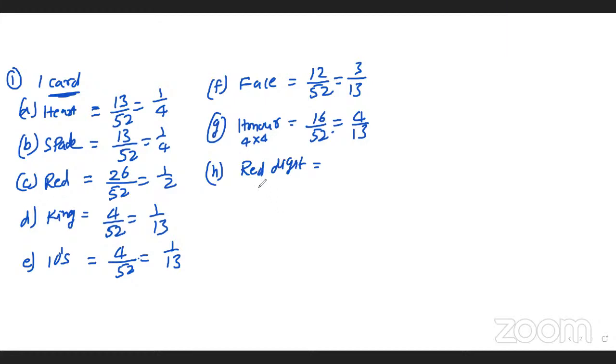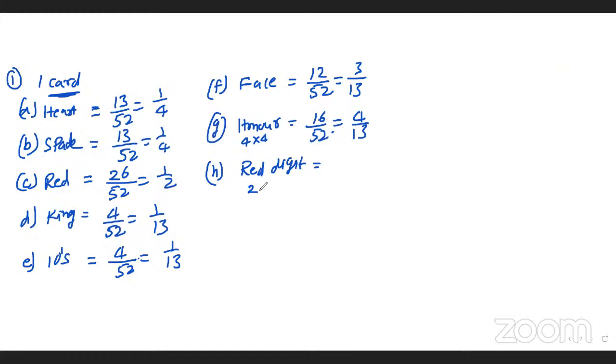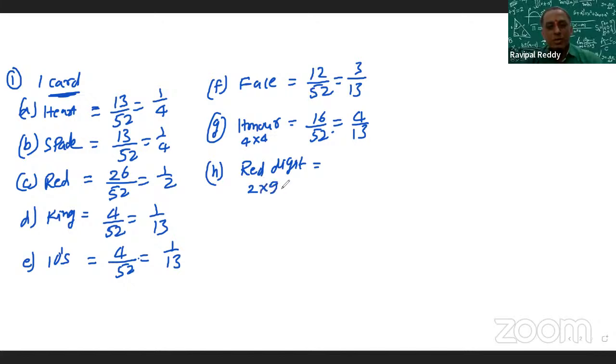How many digit cards are there? 9 digit cards. So red means how many suits? Heart and diamond cards are red in color. So 2 suits and each suit has 9. 2 into 9, 18. So total 18 digit cards are there. 18 by 52, which is 9 by 26.